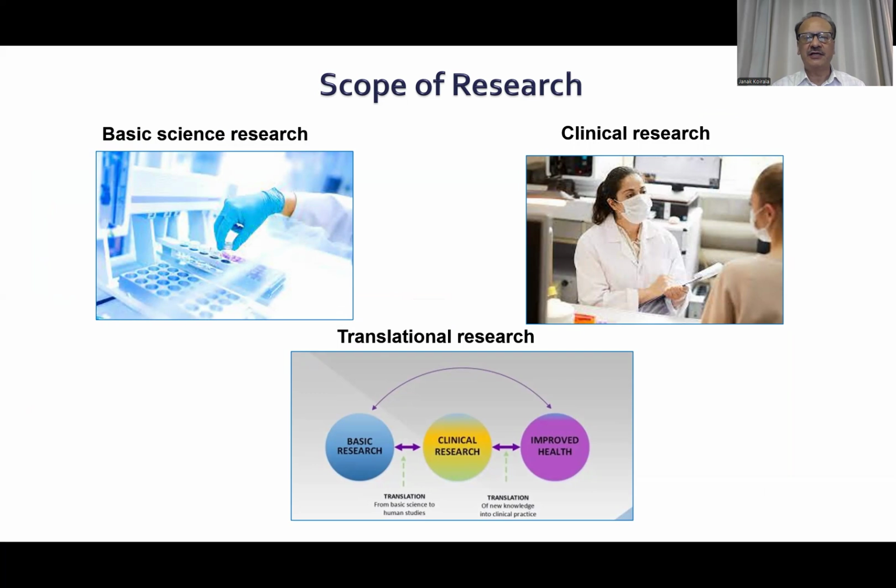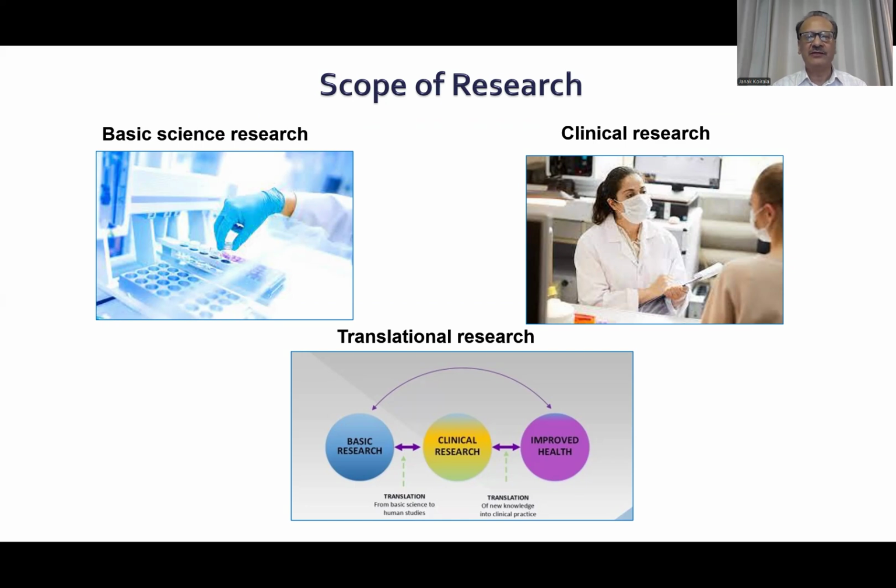Translational research is nothing but a bridge between bench research and bedside research, also known as the bench to the bedside concept. So we generate something in the lab, whether it's in the in vitro lab or in the animal lab. Once we find something, then we want to implement it in the human system.